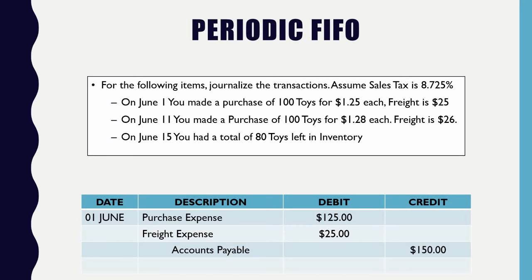You can journalize first, or you could go to your inventory worksheet first. As long as you journalize that you received the inventory, and this is how much it is, you record purchase expense, freight expense, and accounts payable. So here you've already pre-solved that it's going to be for a total of 150.